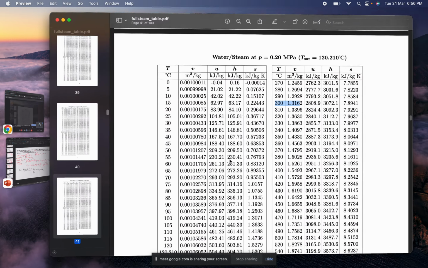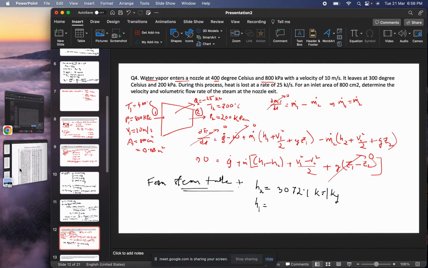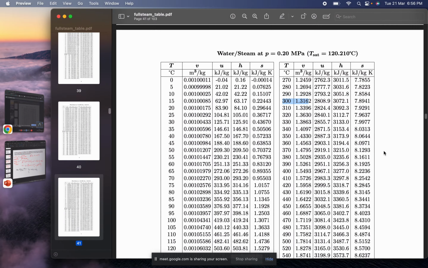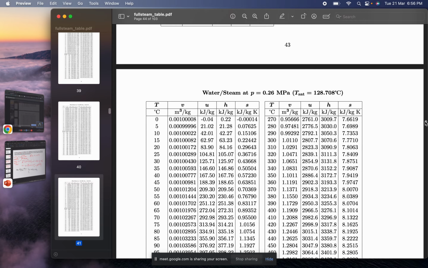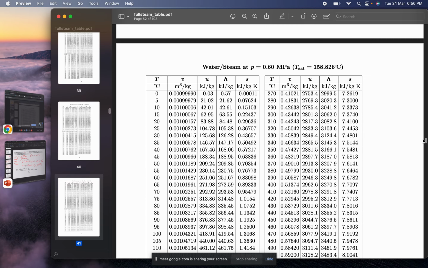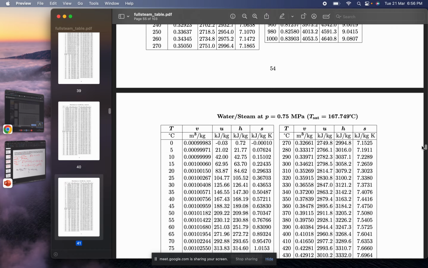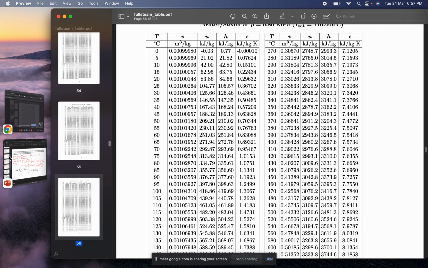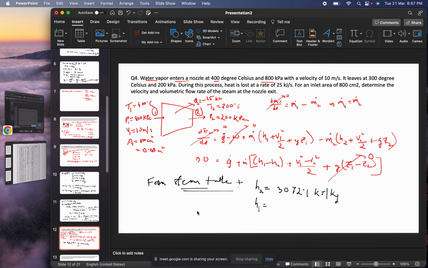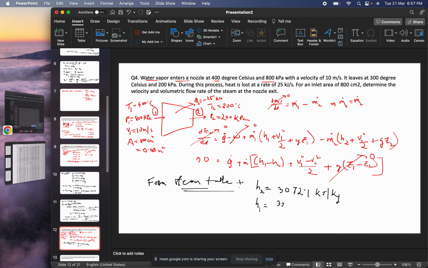So 0.8 megapascal and 400 degrees Celsius. This is the point, and here the H is 3267.6 kilojoule per kg. So I have got H1, I have got H2.